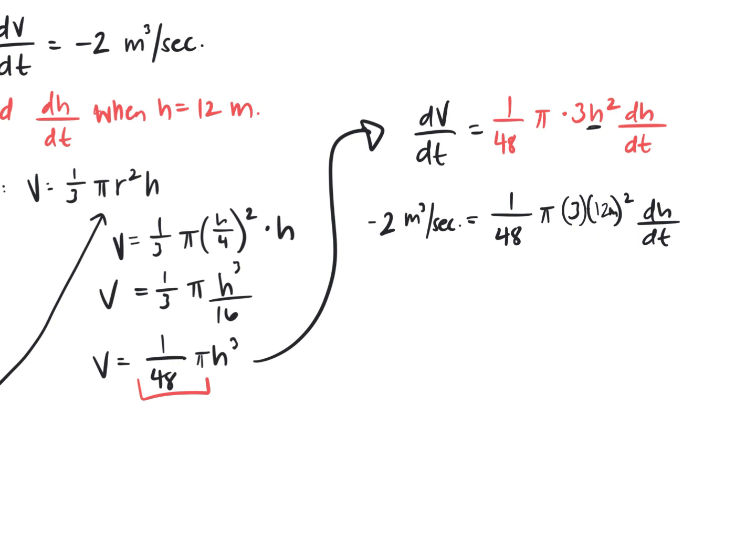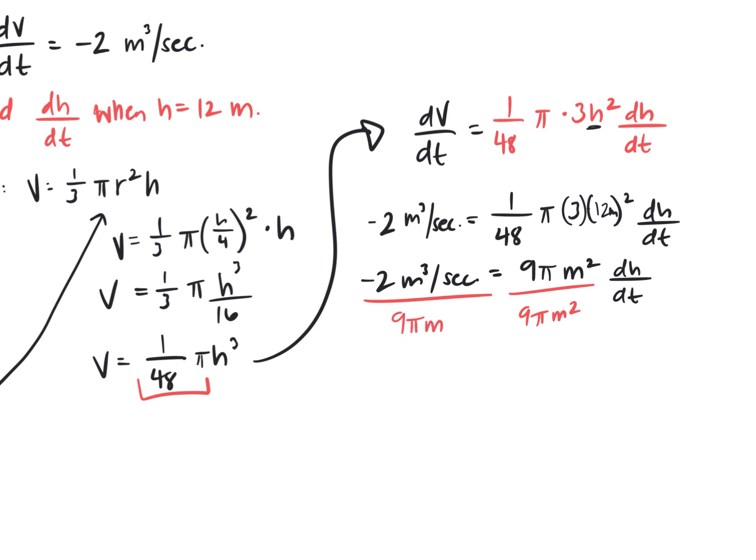So now if I plug everything in on the right-hand side of my equation into my calculator, except for the pi, I'm going to end up with 9 pi meters squared times dh dt. And now we can divide that out. And my units are going to cancel 2 of those meters squareds out.